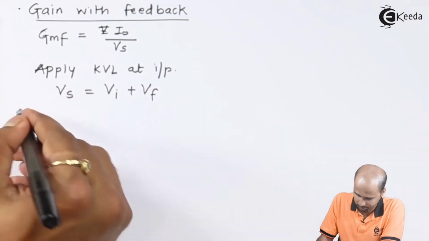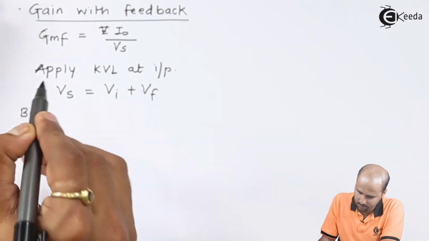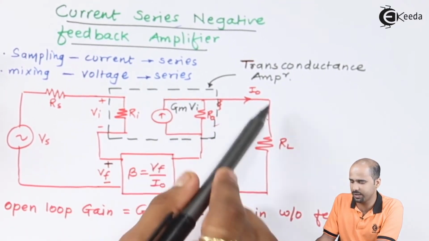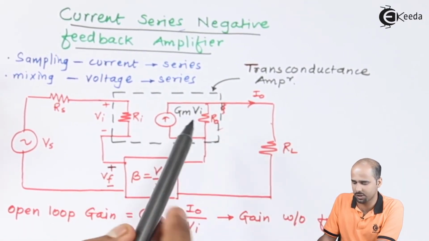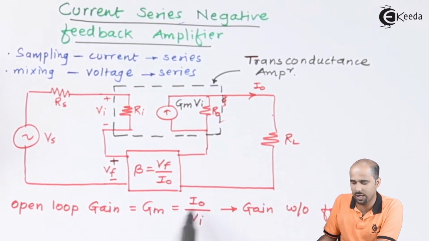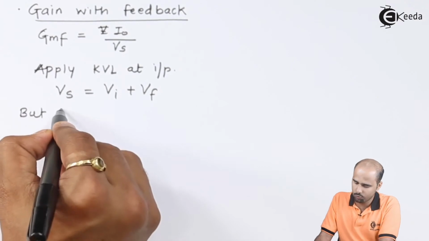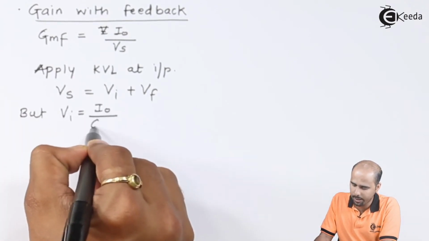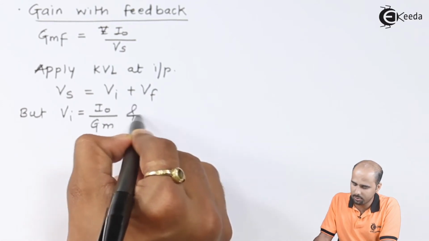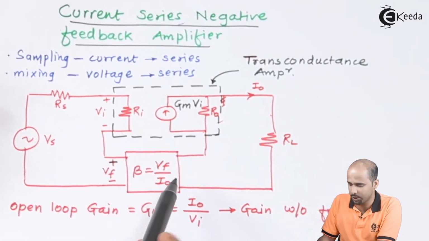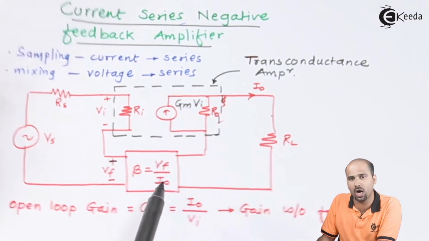If we apply KVL at the input, we get Vs is equal to Vi plus Vf. Here Vi comes from this part of the circuit: GM into Vi is equal to IO, so Vi is equal to IO divided by GM. From the feedback circuit, Vf is equal to B into IO.